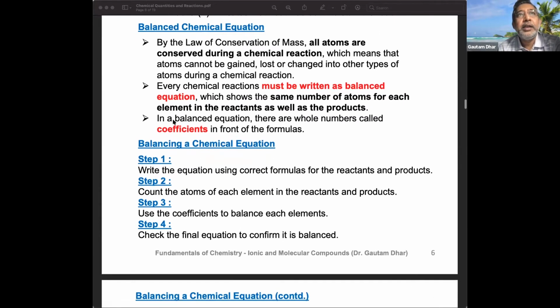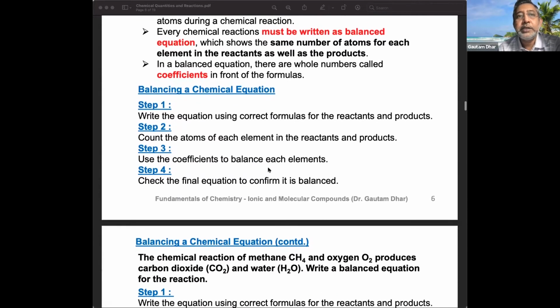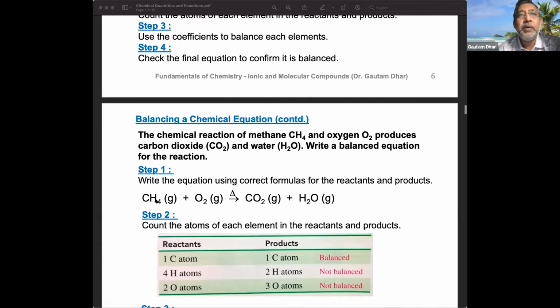And so when you balance it, you can use whole numbers called coefficients in front of formulas. That means I can use a whole number in front of this, which means that if I put a 2 in front of water, that means two molecules of water. When I'm saying water is formed, I never said how many molecules, right?